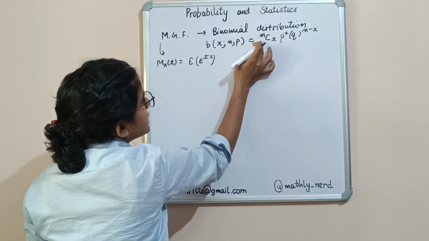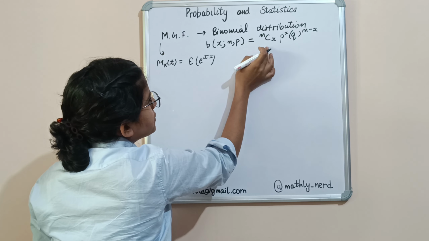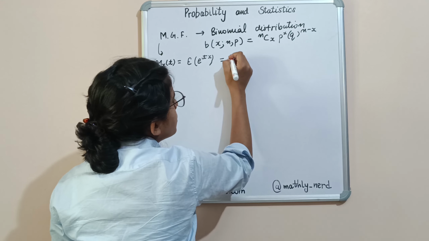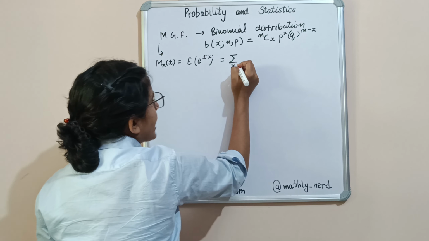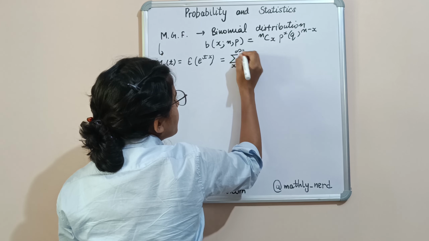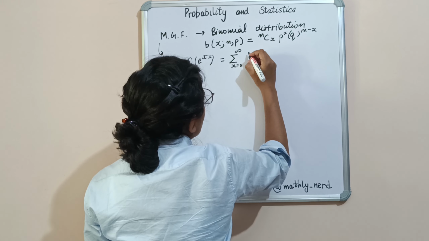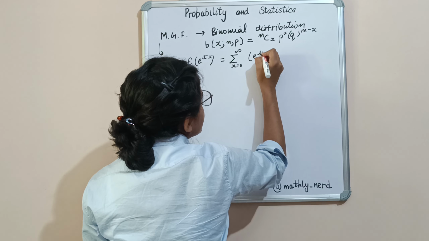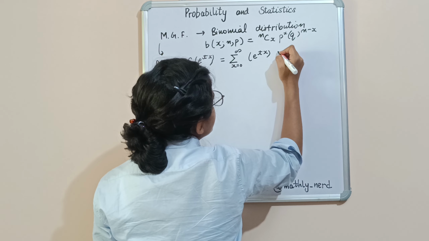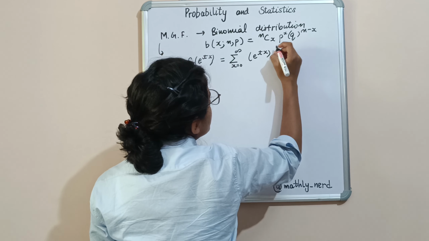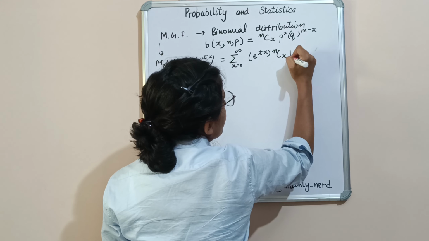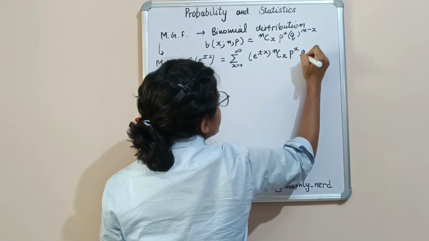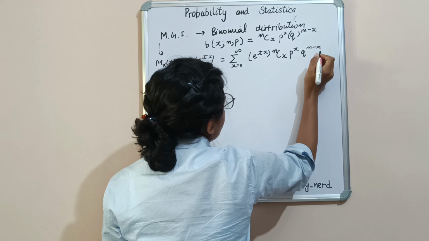As this is a discrete probability distribution, this will equal the summation over x equals 0 to infinity of e^(tx) times the probability function for the binomial distribution, nCx p^x q^(n-x).